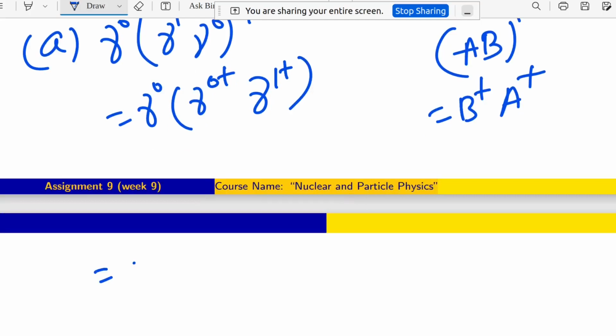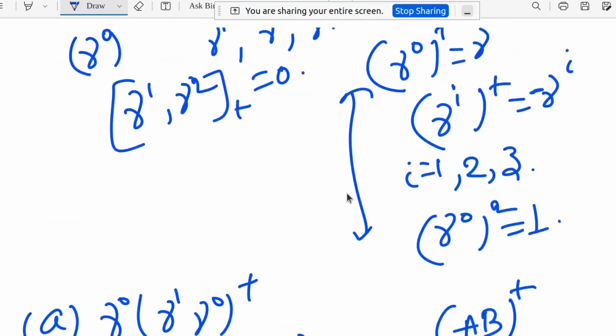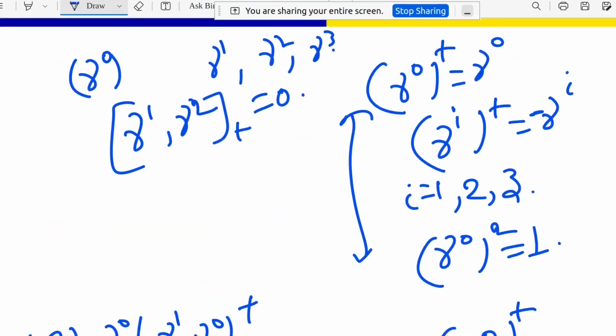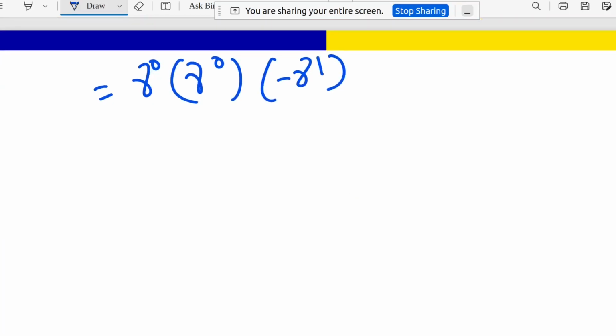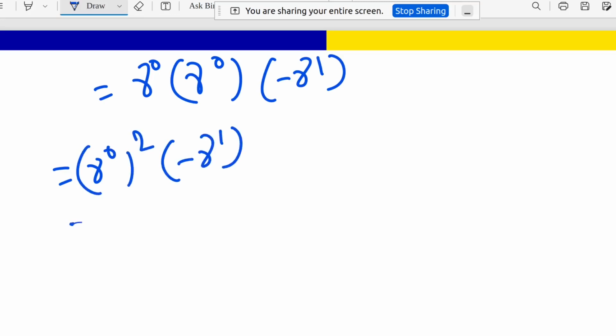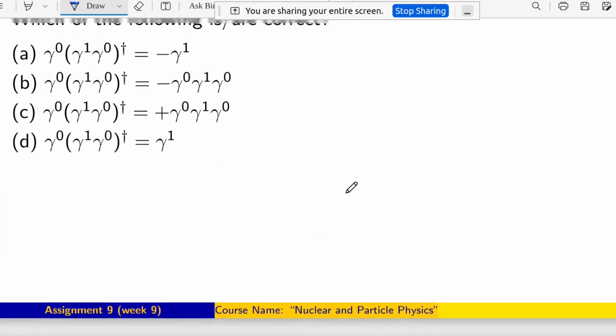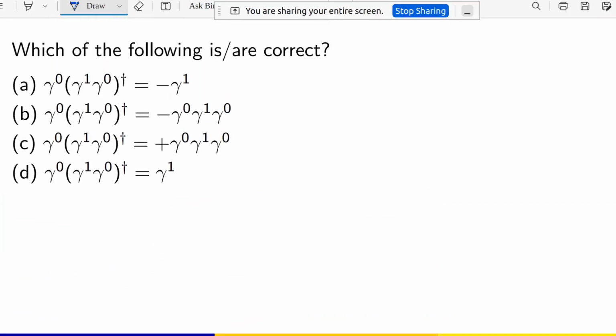And I told you that gamma 0 dagger is nothing but gamma 0, and gamma 1 dagger is minus gamma 1, because from this, gamma i dagger is minus gamma i. So gamma 1 dagger will be minus gamma 1. So gamma 0 whole square into minus gamma 1, and gamma 0 square is 1, into minus gamma 1. Now you can see it is nothing but minus gamma 1. So from that we can conclude that (gamma 0 gamma 1 gamma 0) whole dagger is minus gamma 1.